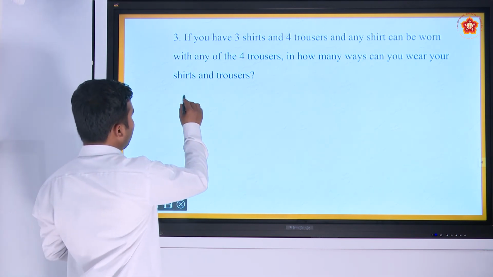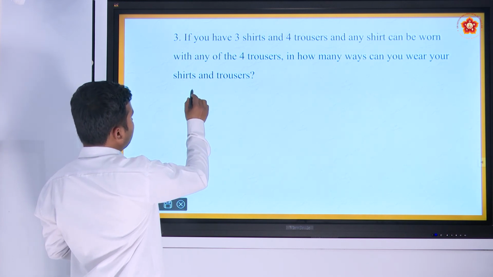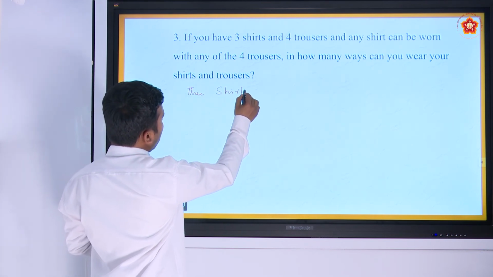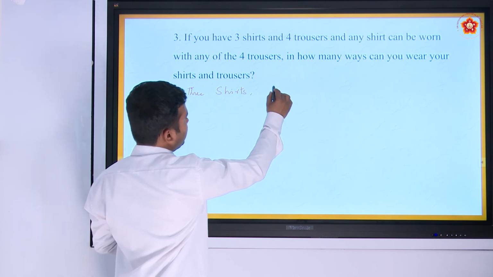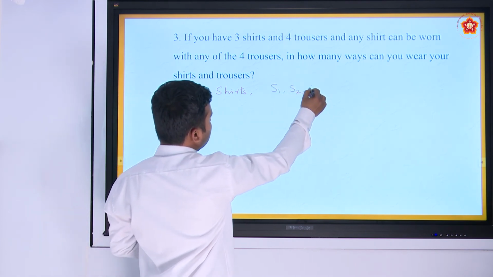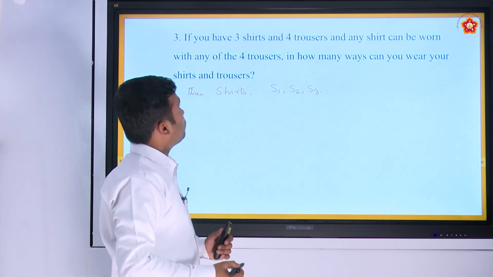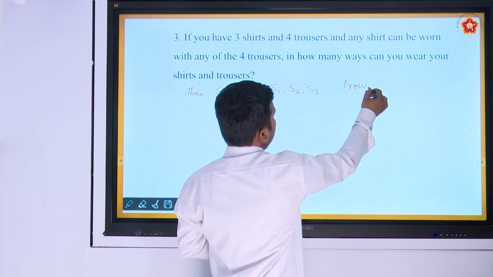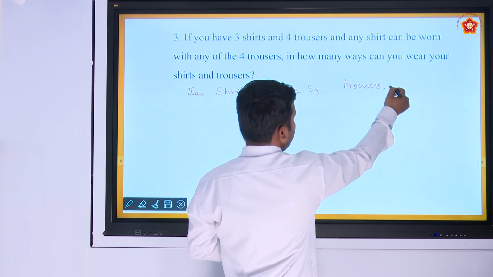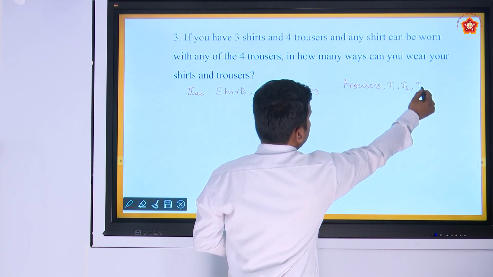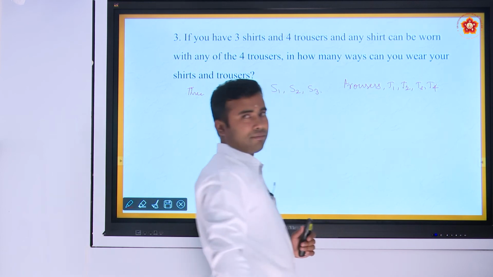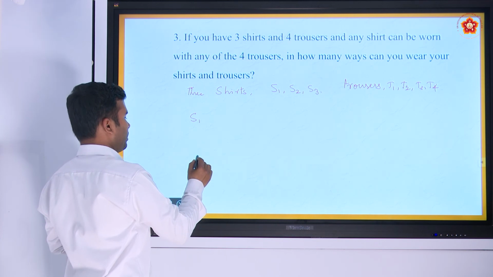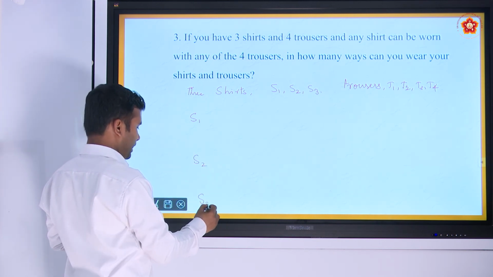For each shirt, I can call the 3 shirts S1, S2, S3, and the 4 trousers I call T1, T2, T3 and T4. For each shirt we have 4 trousers, say S1, S2 and S3.